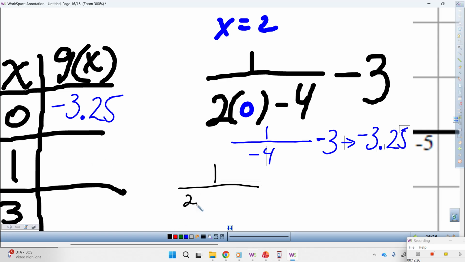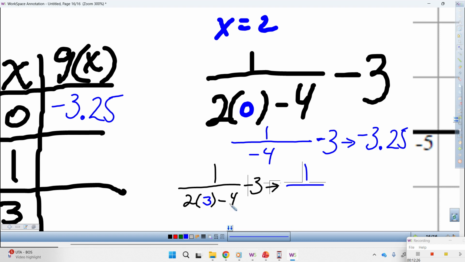1 over 2 parentheses minus 4, oh no, it's minus 3, my bad, minus 3. So we substitute the value of 3. That gives me 1 over 2 times 3 is 6.